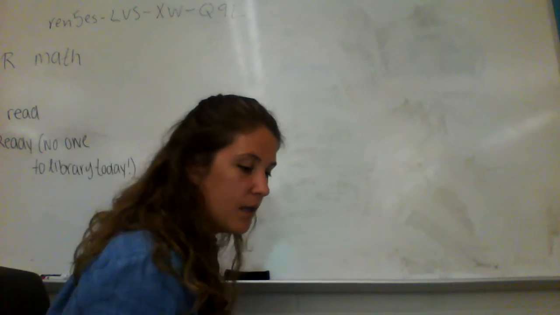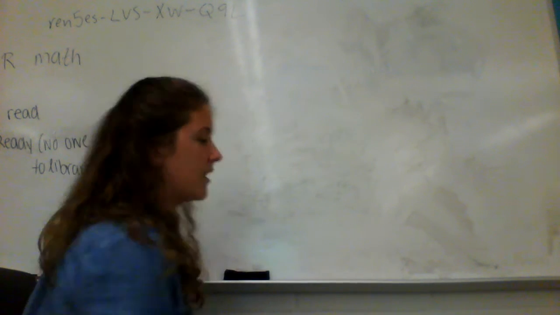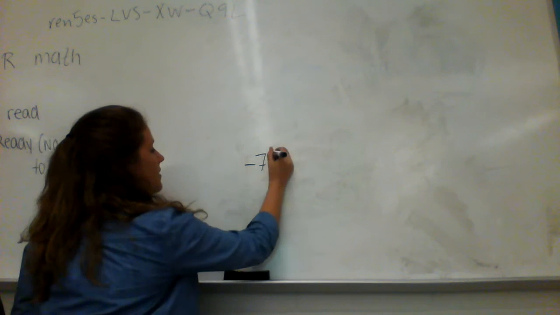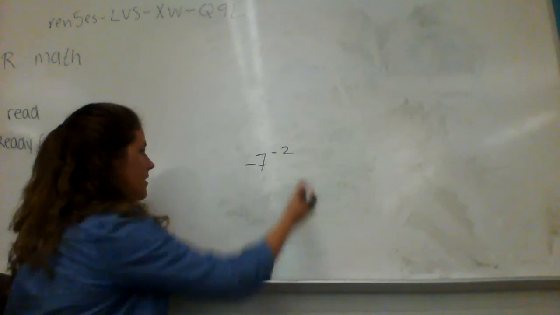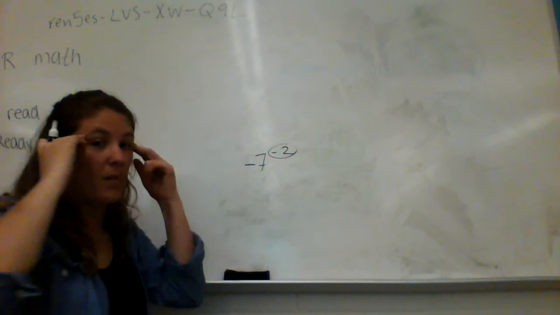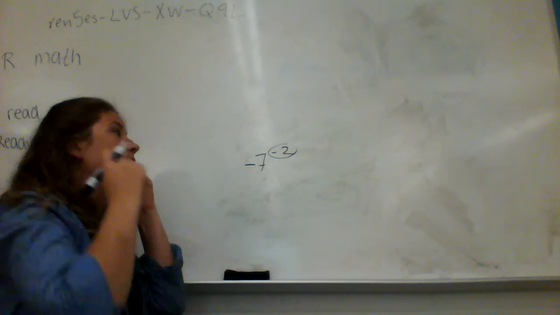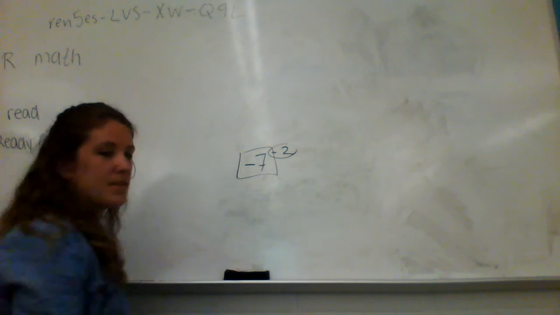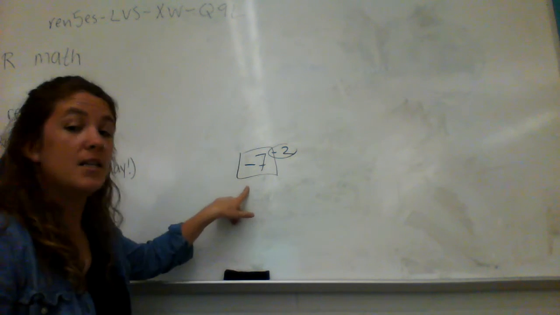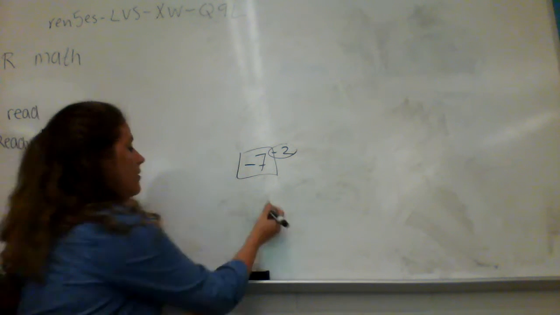I'm going to do negative 7 to the negative second power. So I have negative 7 to the negative second. The first thing I'm going to look at is my exponent. I see that it is negative, which should signal in my head that I'm going to divide. I then need to look at my base. My base is a little different here. My base is negative 7.